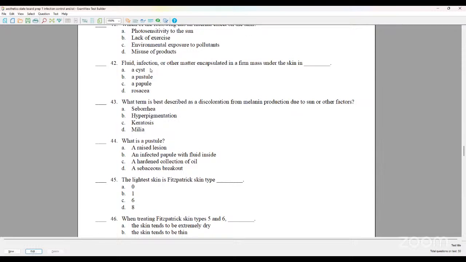Is it keratosis? B. Hyperpigmentation. There we go. That's what I wanted y'all to get. So hyperpigmentation is a lot of melanin production due to the sun or other factors.